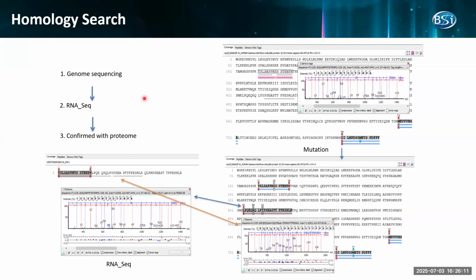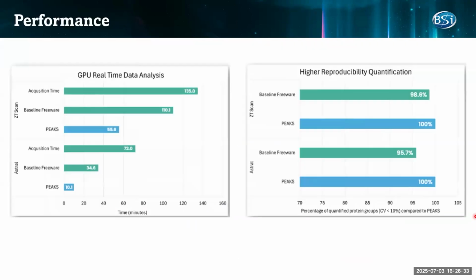With that, surely this data set has RNA sequence. And from the RNA sequence, we get the reference, and those two are exactly the same. Even with two point changes, we still can find this. So this is just an example of how sequence variants can help us find more peptide sources.